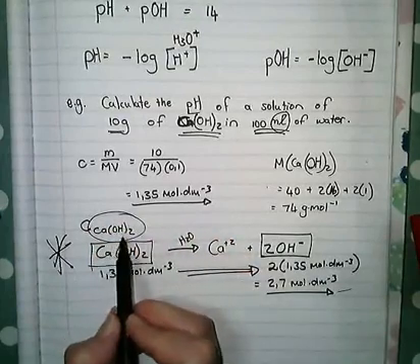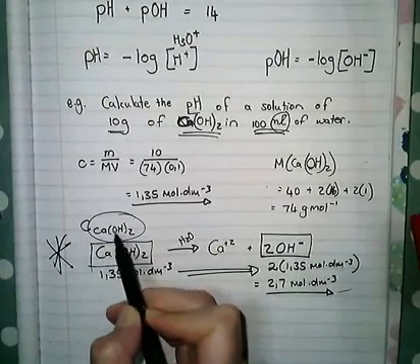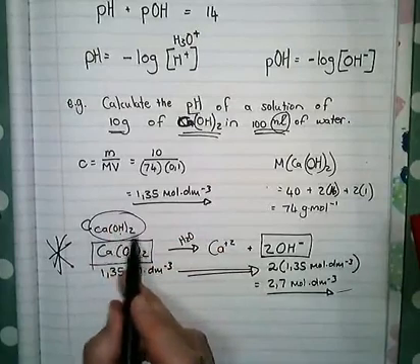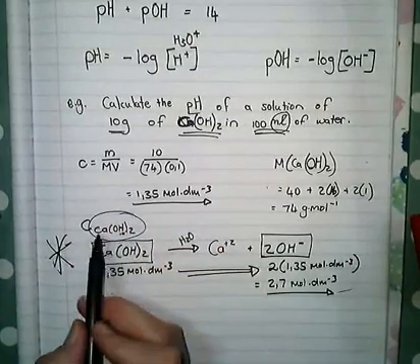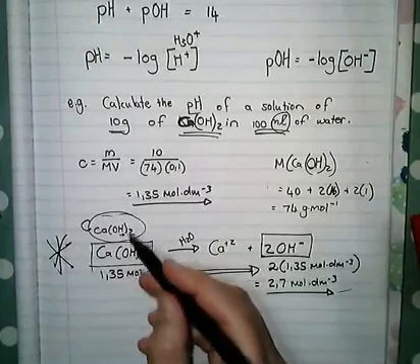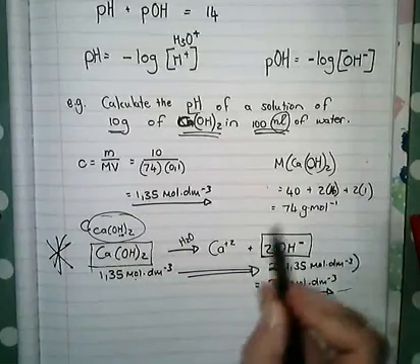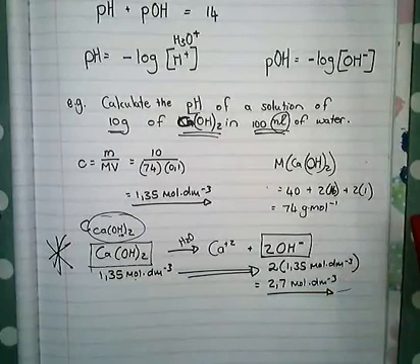Now that we know the concentration of the ions, we can say pOH is equal to the negative log of the hydroxide ion concentration. Now, this is a lot of maths, but for our purposes, all you have to know is that this is a button on your calculator.